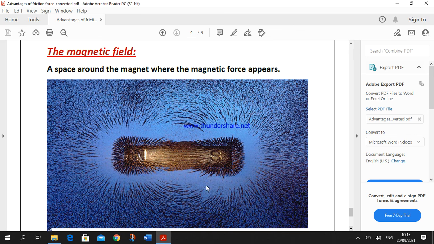The magnet is surrounded by an area, and in this area the magnetic force appears. This area is known as the magnetic field.